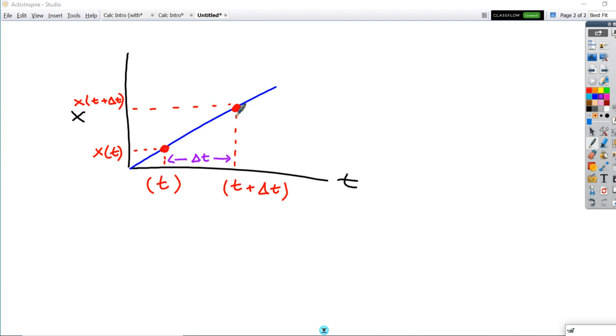To find another point, what I do is I take the first time and I add some interval, delta t. So rather than call this t1 and t2, I'm going to call this t, and then I'm going to call this t plus delta t. So this is this much time after this time. And so this x coordinate corresponds to the x position evaluated at the moment of time t plus delta t.